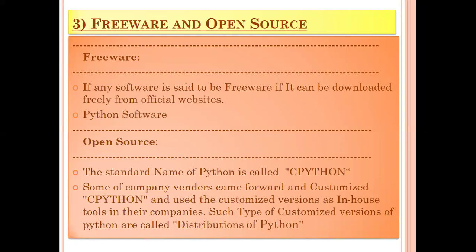Okay, open source. The standard name of Python is CPython. Some company vendors came forward and customized CPython and used the customized version as in-house tools in the company.